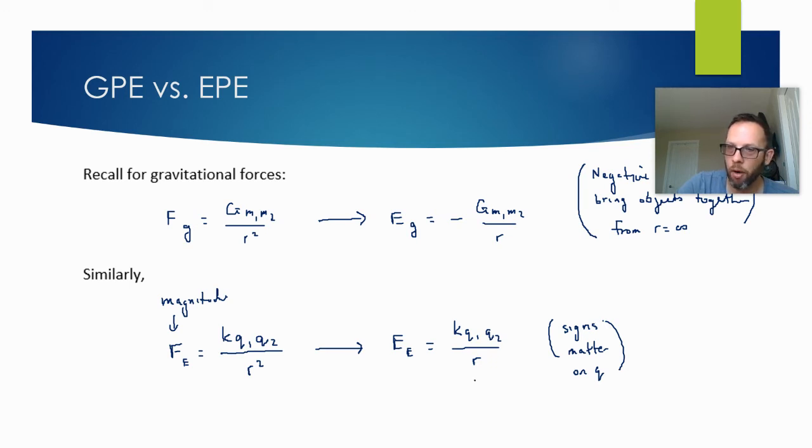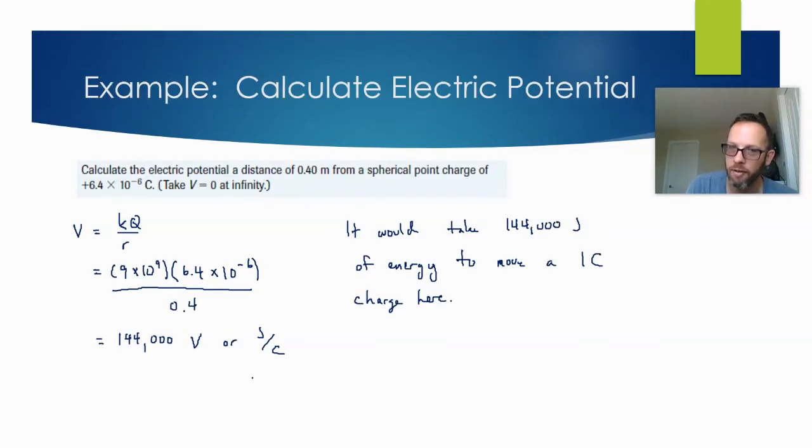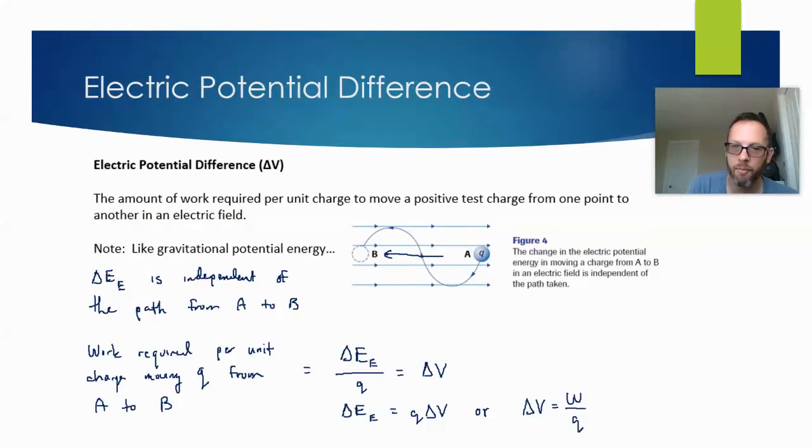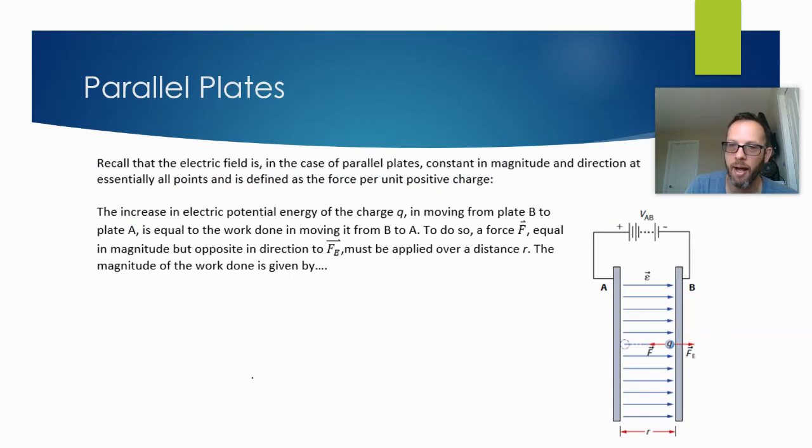That was true for point charges, where the force changes depending on where you are, right? The force is dependent on r. But remember, in a parallel plate, the electric field is constant, and so the force is constant. So we need to talk about how to handle electric potential and electric potential energy with parallel plates.